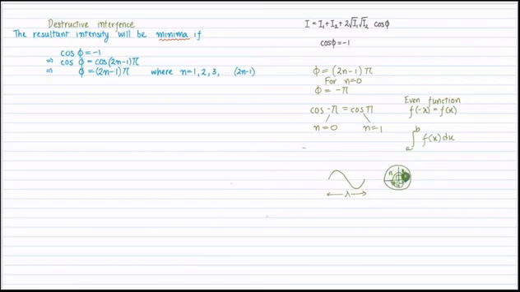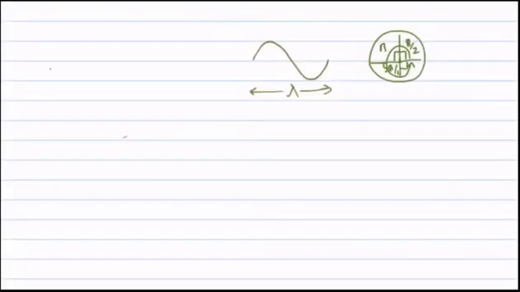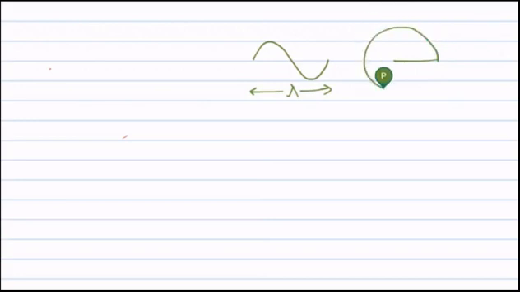Let me just zoom in. So this one corresponds to the complete cycle. Suppose you have a circle, consider this is the radius. A complete wavelength means a complete revolution of this radius.